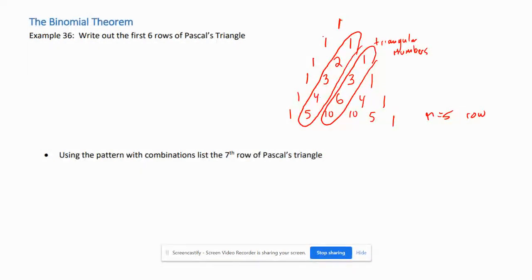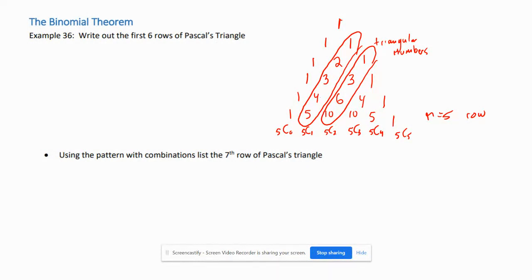So the n equals 5 row is actually the 6th row in the triangle. But for the n equals 5 row, where does the number 1 come from? Well, this is the same thing as 5 choose 0. Where does 5 come from? Well, 5 is the same thing as 5 choose 1. 10 is 5 choose 2. 5 choose 3. 5 choose 4. And then 5 choose 5.